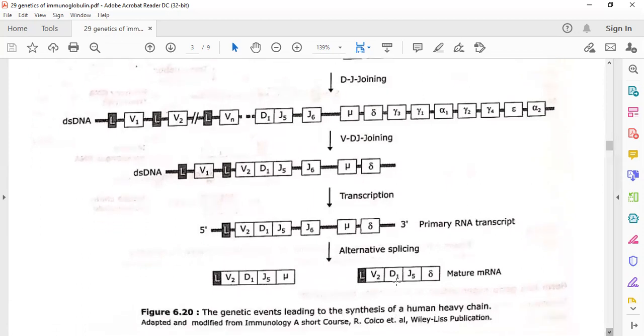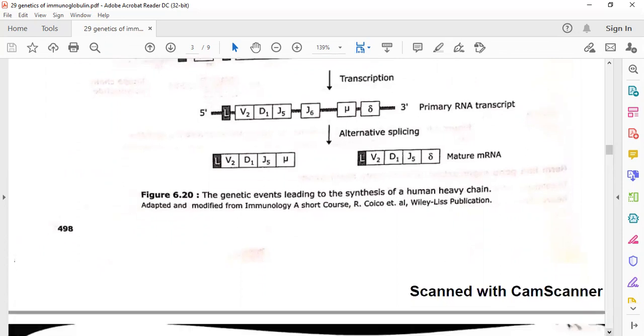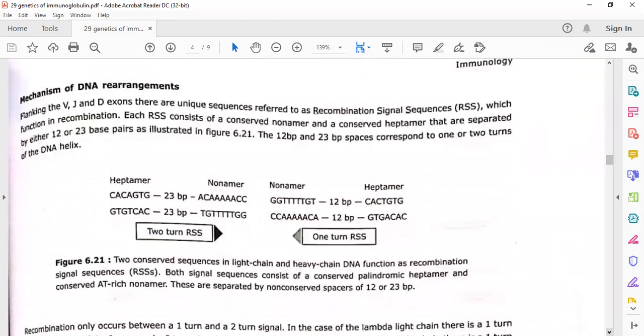So this is the mature mRNA molecule, which next further undergoes translation, which will make a complete heavy chain molecule. So this is the mechanism of DNA rearrangement.